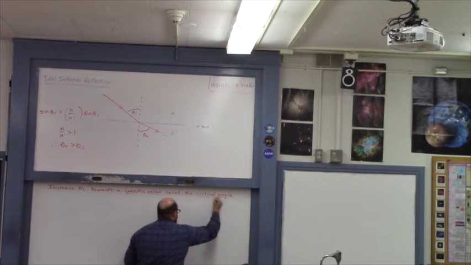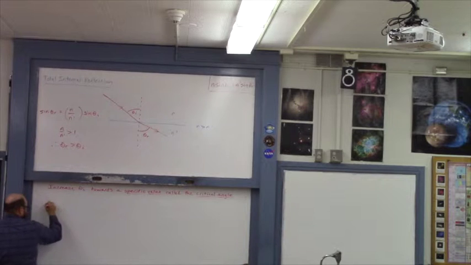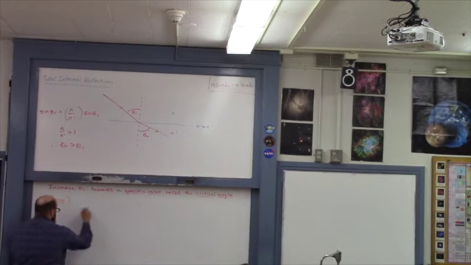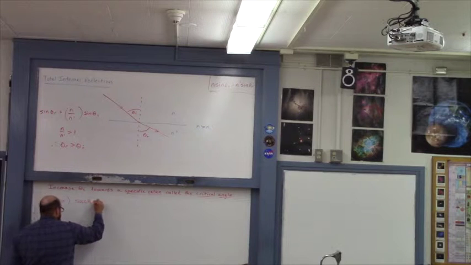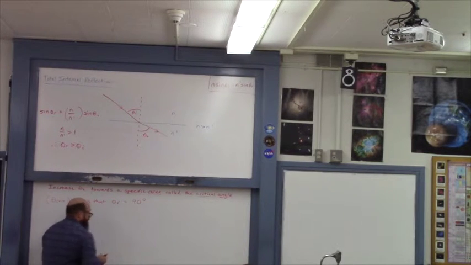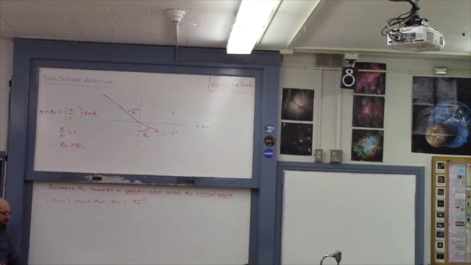Critical angle has a funny notation; we call it theta crit. When that happens, the angle of refraction is 90 degrees, such that the refracted angle is 90.